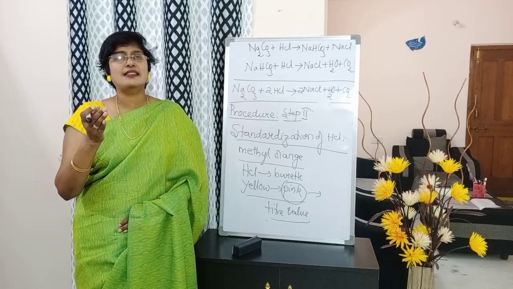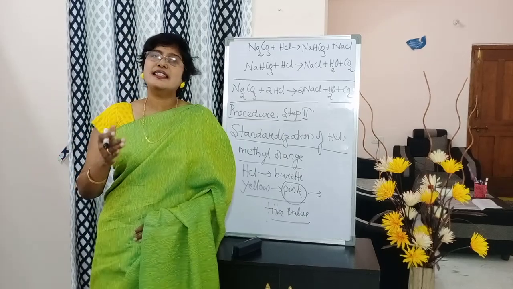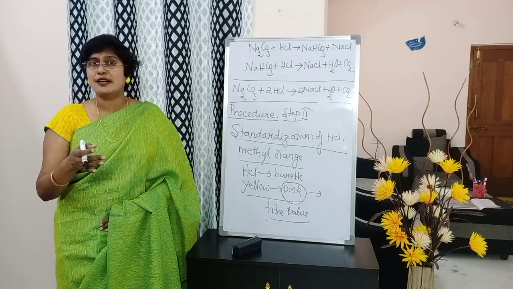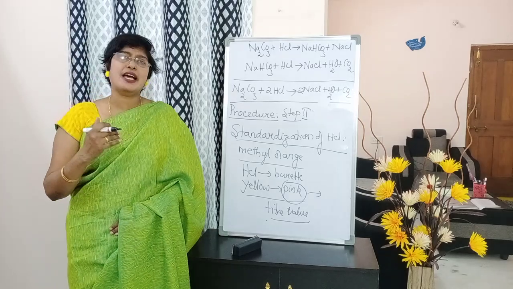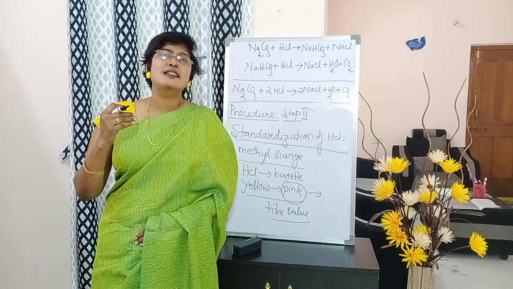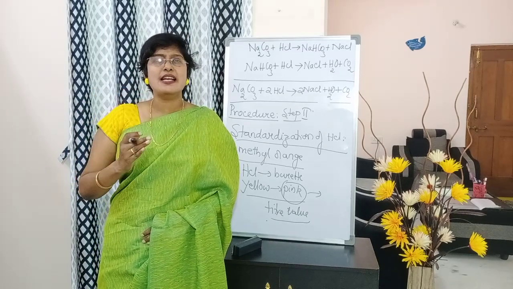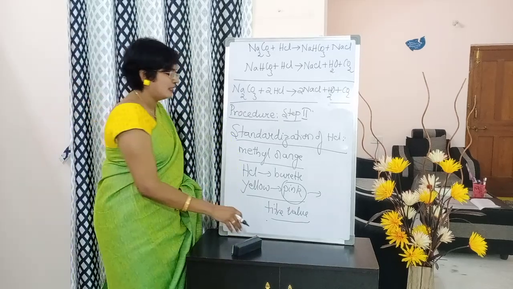If you don't get the same value in the second titration, then we will proceed to the third titration. So we repeat the titration in order to avoid errors. Using this value, we will calculate the molarity of HCl. That is your standardization of HCl. Full stop. Next, third step, students.